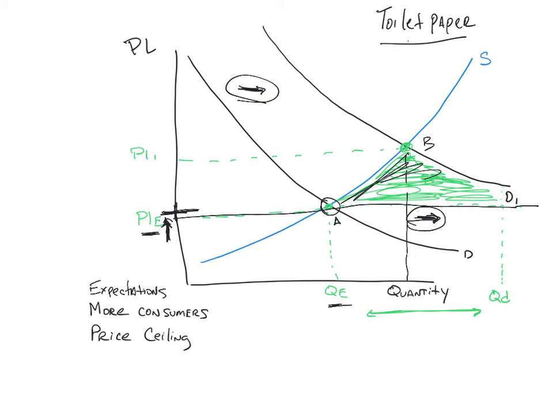This area that we're shading in right now is a shortage. Because the price is too low, people are buying a lot of it. The expectations are forcing people to think, okay, the price is low, let me buy as much as I can. It's becoming hoarded material to the point where people are overbuying, and therefore there's just not enough for everyone.